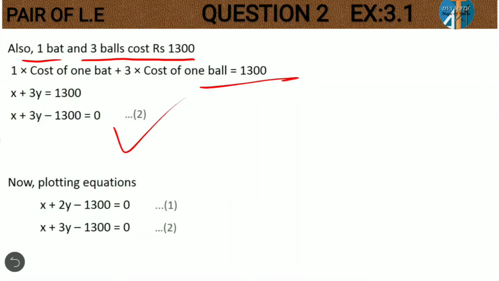So you got equation 2. Now how many equations did we get? A pair of linear equations means we have to get two equations. One is x plus 2y minus 1300 is equal to 0, the other is x plus 3y minus 1300 is equal to 0. Don't be confused. Here 1300 is common, but in one case we have plus 2y, in the other case plus 3y.